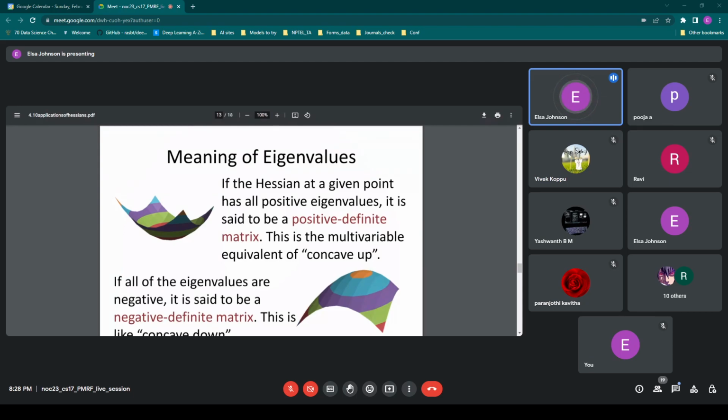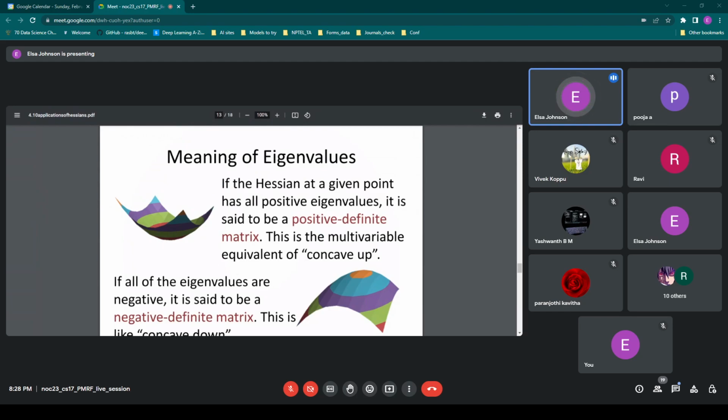Okay, so can you see the Hessian, this is like a figure? So if the Hessian is a positive definite matrix, this is the figure. It will be like a convex thing. Okay, so it will be like concave up, you can tell.